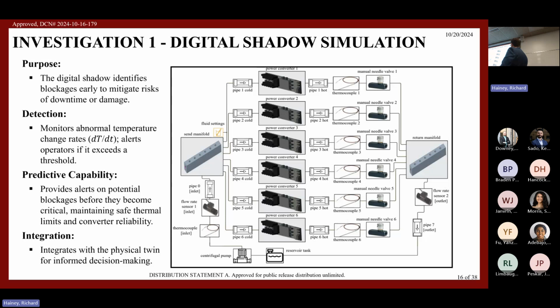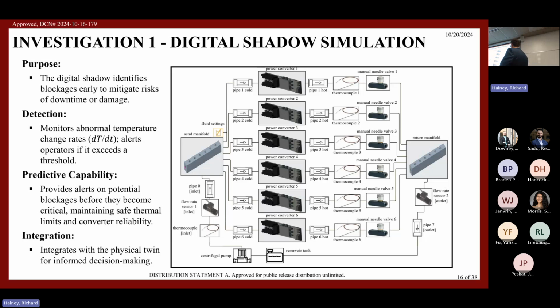You can see manual flow needles, thermocouples, and the centrifugal pump reservoir tank. If you observed earlier, the cooling system of our entire lab was also in play in the simulation. However, it's not represented, because trying to model all of the different components within the system would be far too computationally heavy.